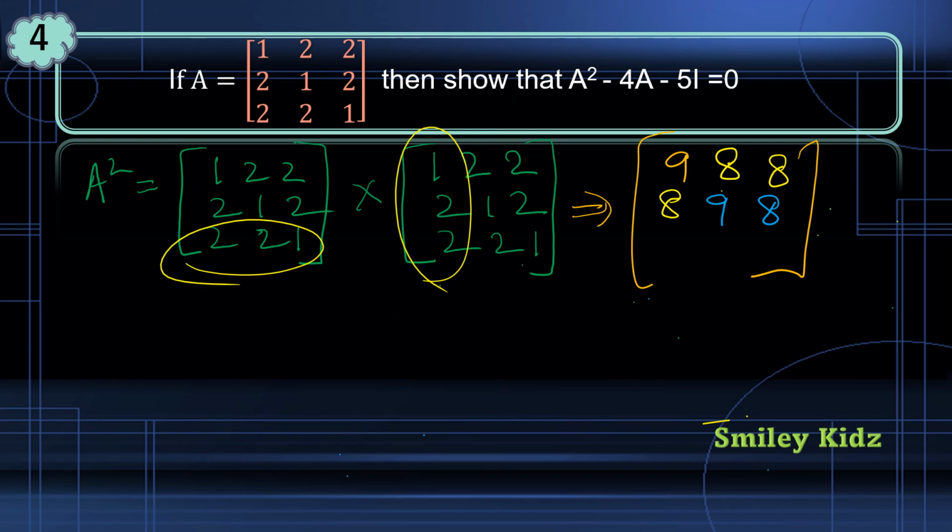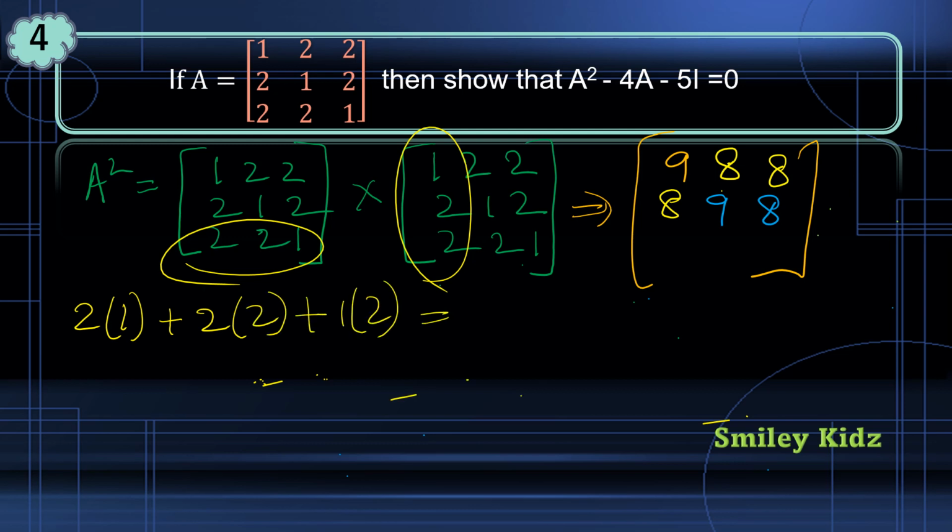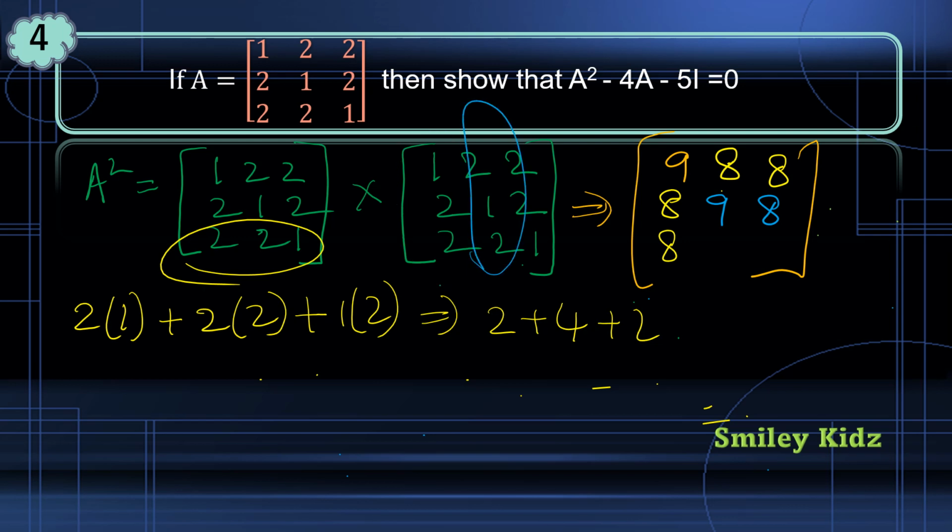Now the third row with the first column, you'll have 2 into 1 plus 2 into 2 plus 1 into 2. What is this equal to? 2 plus 4 plus 2. Again you'll have 8 over here. Then with the second column, that will be 2 into 2 plus 2 into 1 plus 1 into 2.